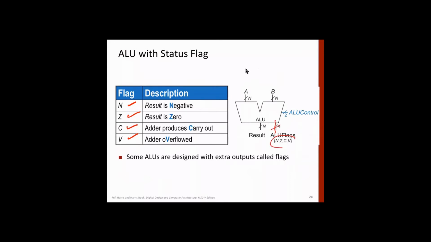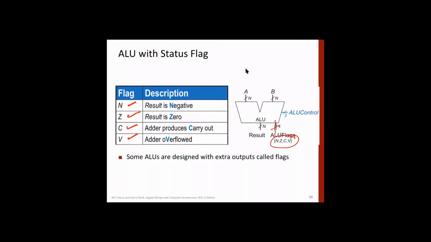Based on the flags, the control unit can take some actions. Different ALUs have different kinds of flags. What we have discussed here is something that some designs have used. Any question?